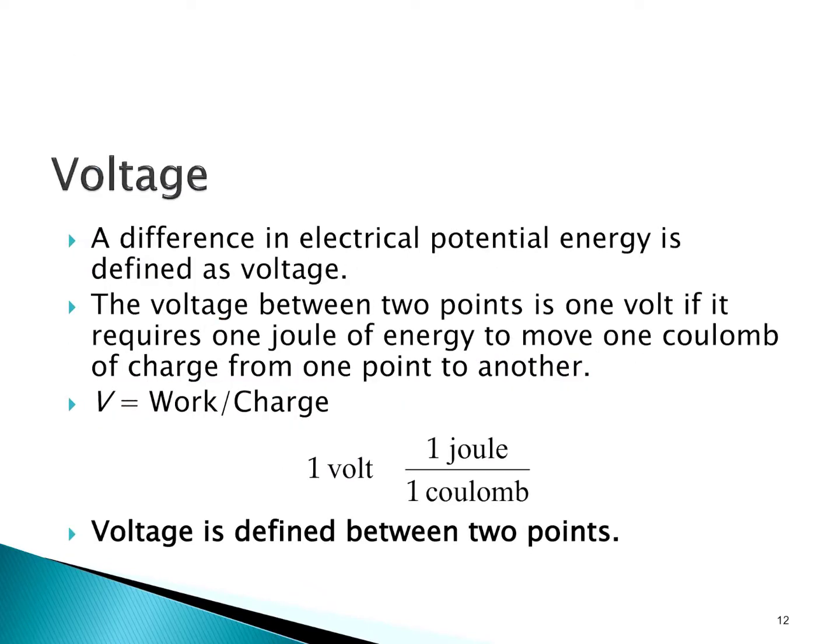Now, a difference in electrical potential energy is defined as voltage. The voltage between 2 points is 1 volt if it requires 1 joule. Now, a joule is our SI unit for work. If it requires 1 joule of work to move 1 coulomb, so 6.24 times 10 to the 18 electrons, of charge from one point to another.